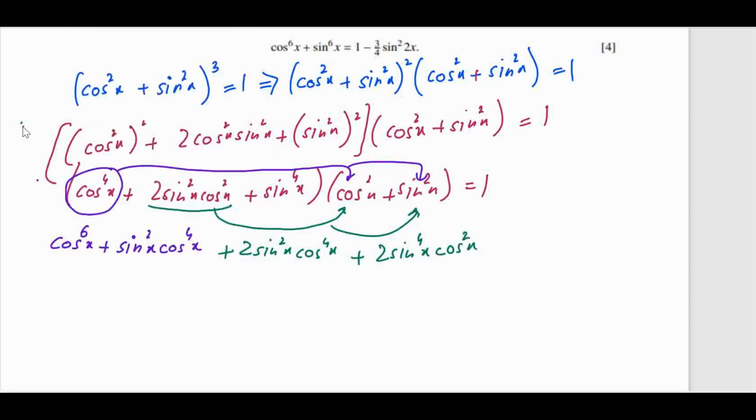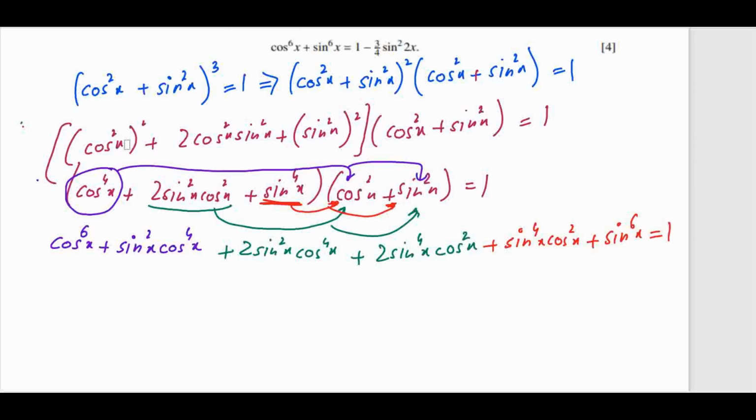Then we will multiply the third term with the first expression and then with the second one. So if we multiply sine 4x with cos square of x, this will be sine 4 of x cos square of x plus sine 6 of x is equal to 1.